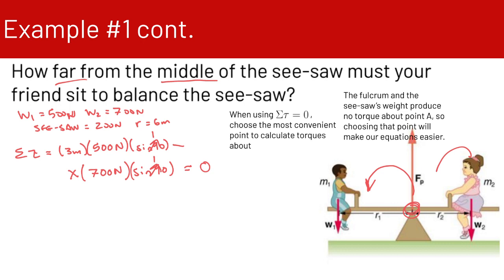So we're going to simplify. I'm going to multiply 3 times 500, that's 1500 newton meters, and I'm going to move X times 700 newtons to the right side of the equation.